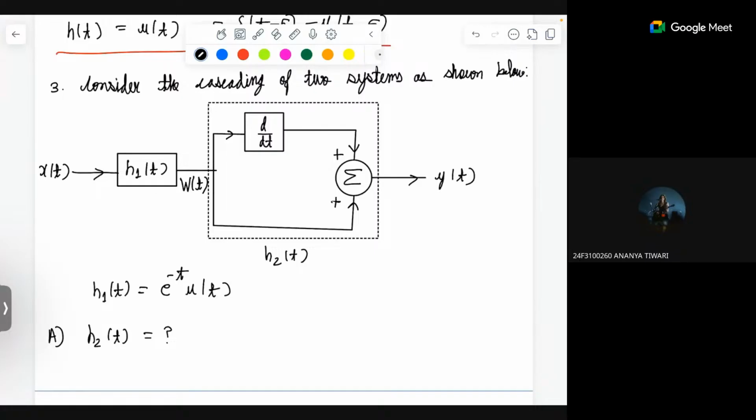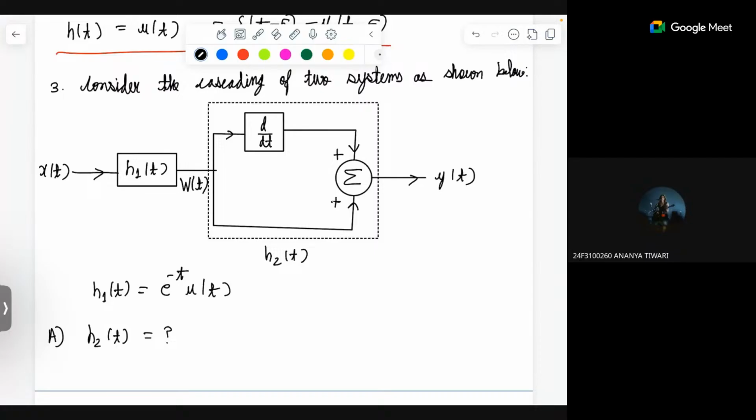Ma'am, we have to just differentiate the H1 of t, right? No, no, no. You have to find H2 of t. So H2 of t is the impulse response. For this second system, which is dotted, if the input applied is impulse, what will be the output that I will get?